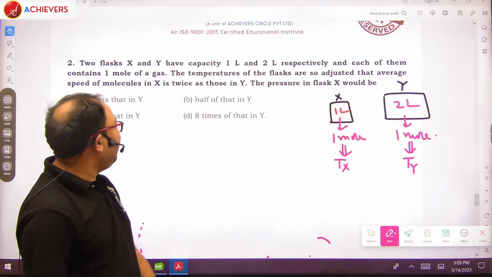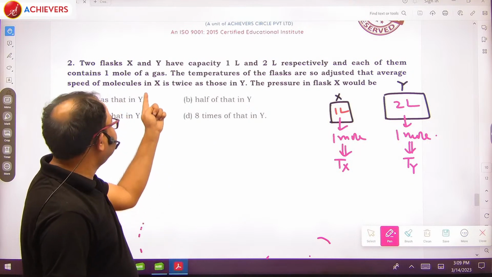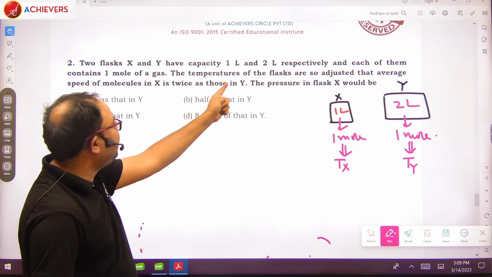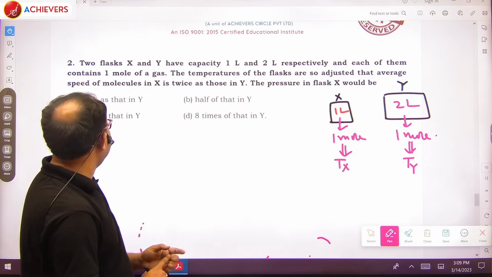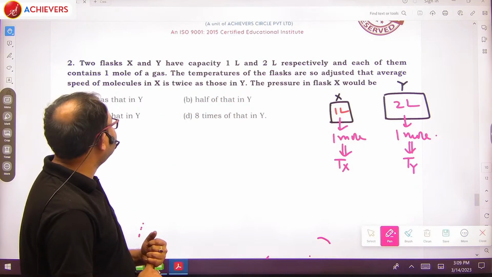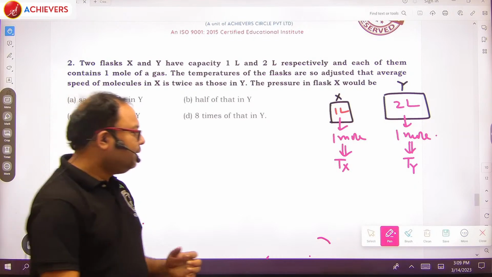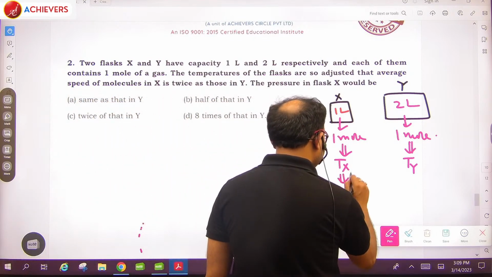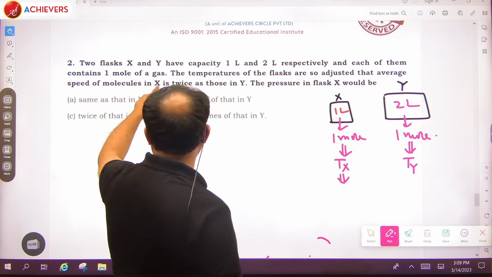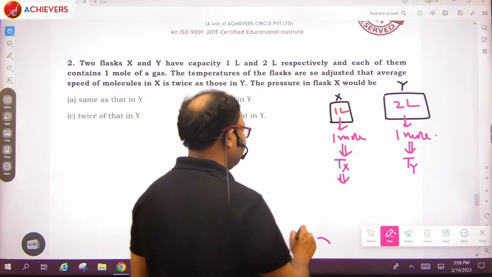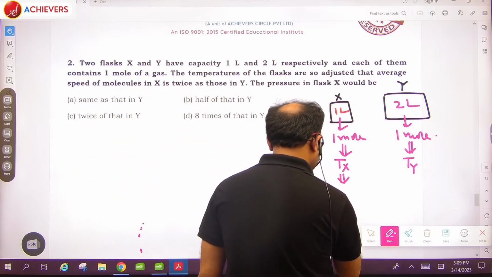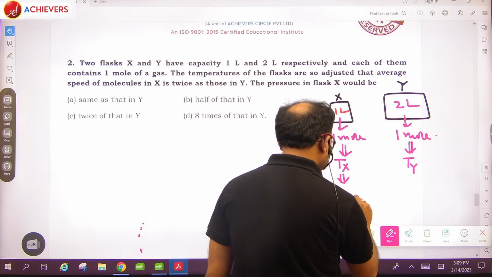They're saying that the temperatures are so adjusted that the average speed of the molecules in X is twice as those in Y. That means the average speed of the molecules in X, C average, is proportional to the square root of T.